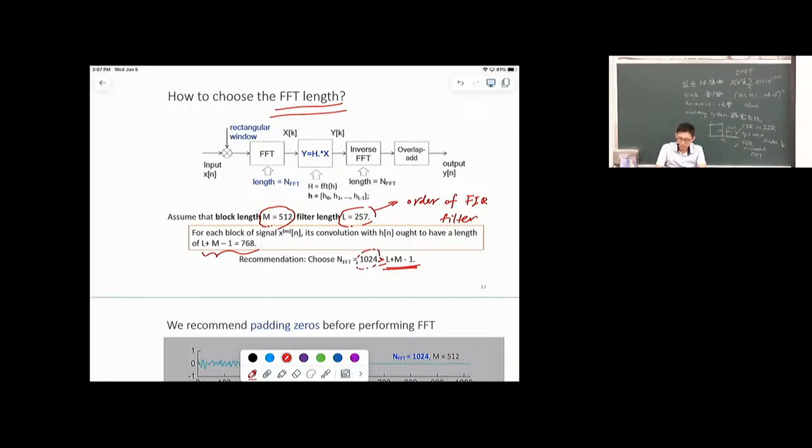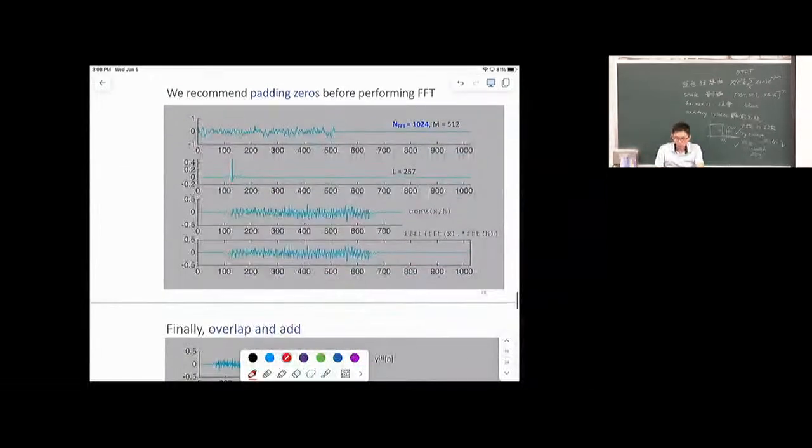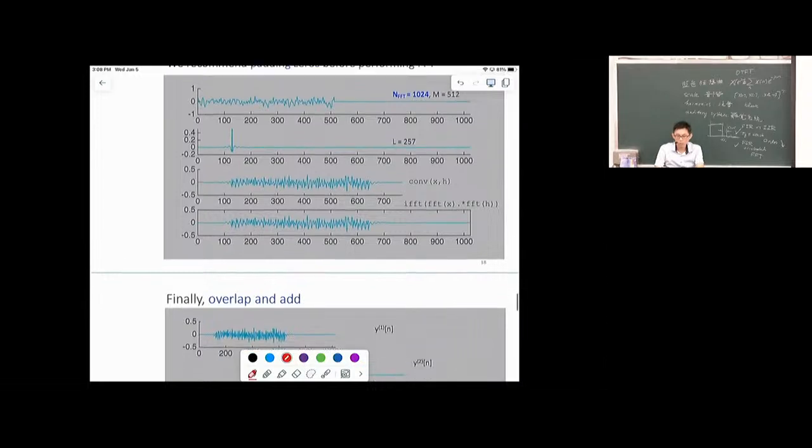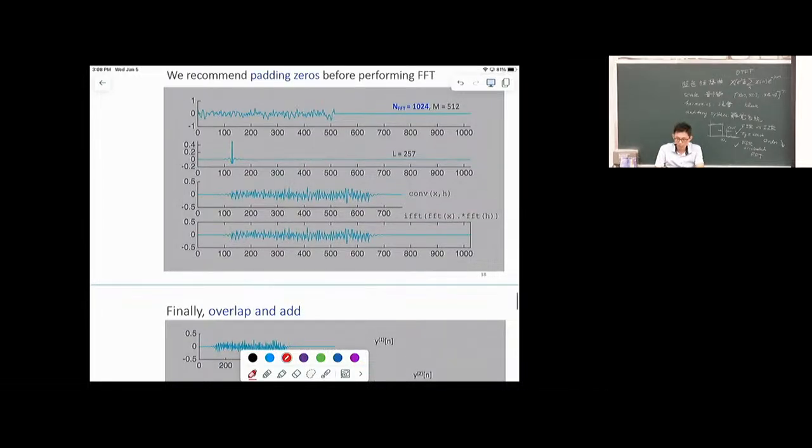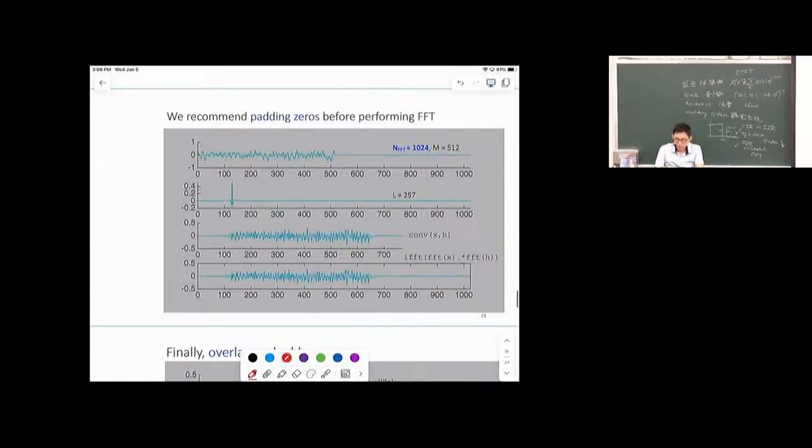So in this case, the next smallest power of 2 is 1024. That's a serious recommendation that we need to be aware of. Long story short, if you don't follow this recommendation, what could happen is time domain aliasing.